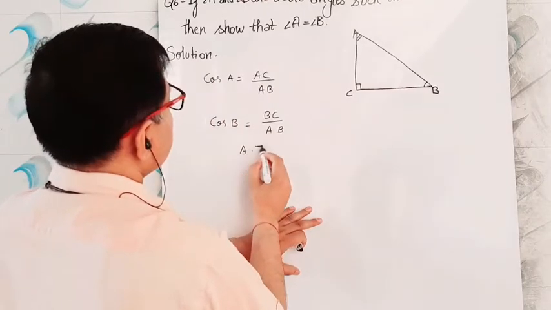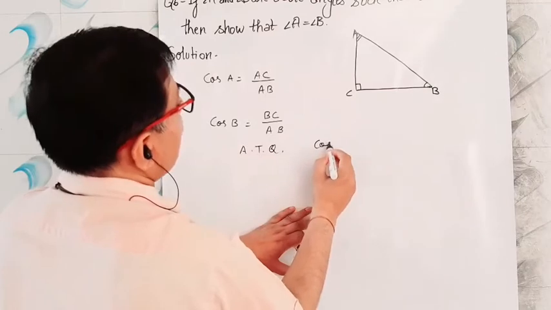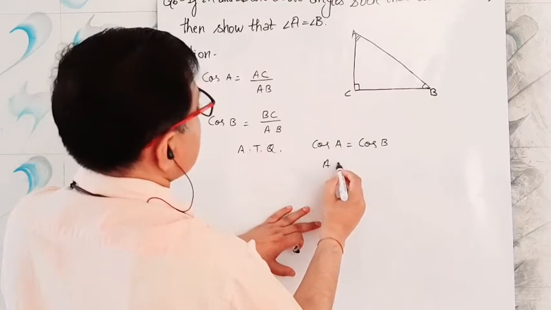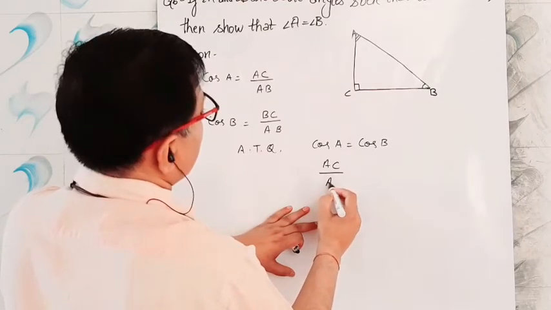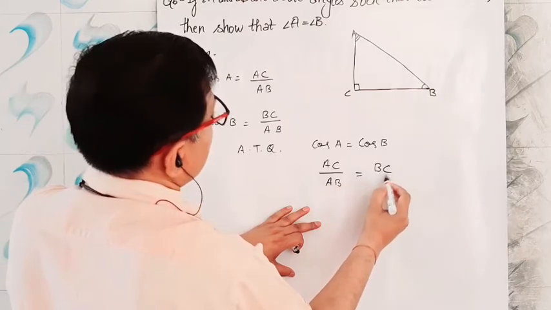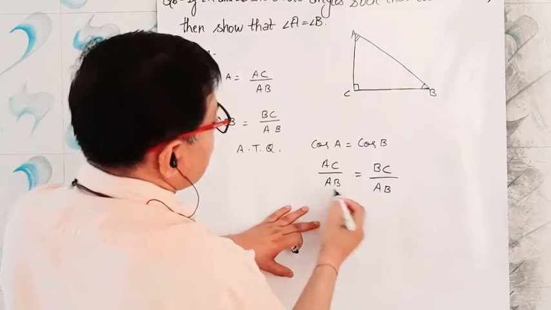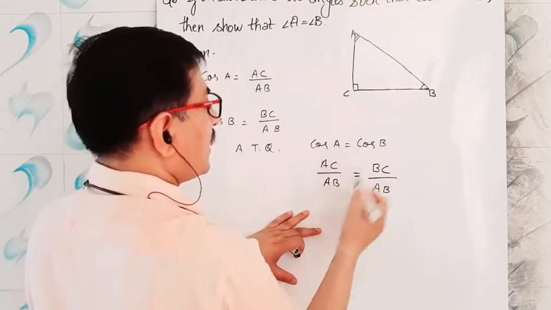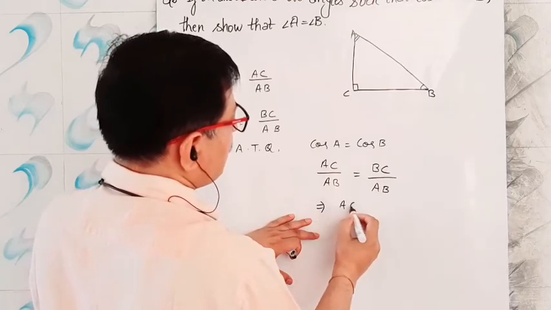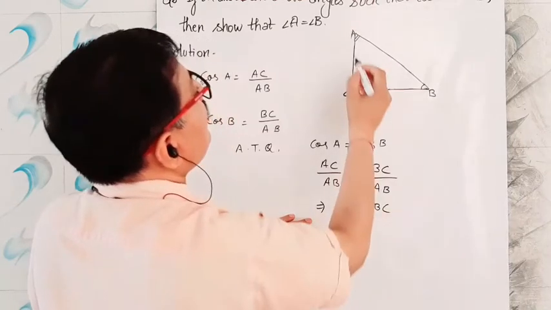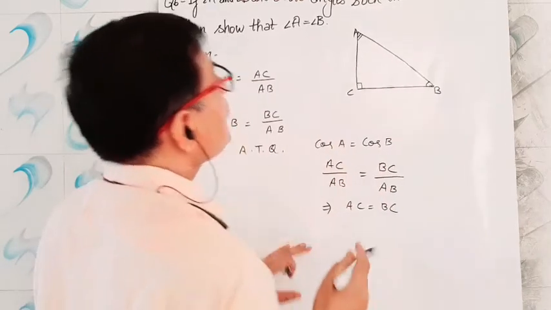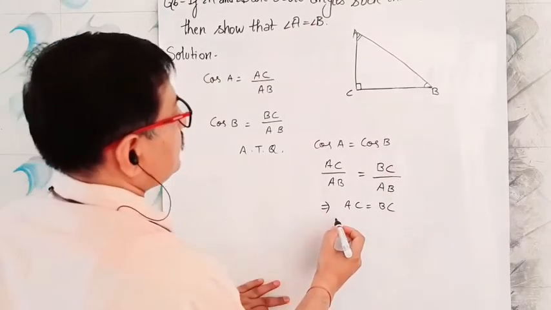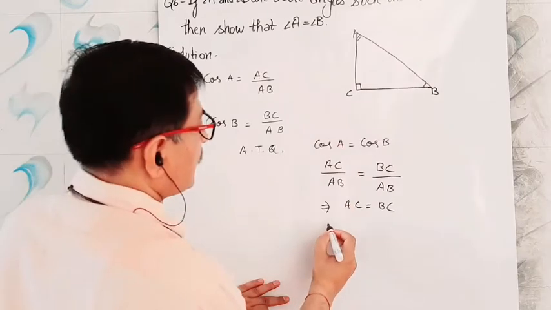Now according to the question, cos A equals cos B. Now write down both values. AC upon AB equals BC upon AB. Now you see the denominators are equal, so the numerators will also be equal, so we can write AC equals BC. Now in that triangle, if AC and BC are equal, that means these two sides of the triangle are equal, that means this is an isosceles triangle. So in an isosceles triangle these angles will be equal.